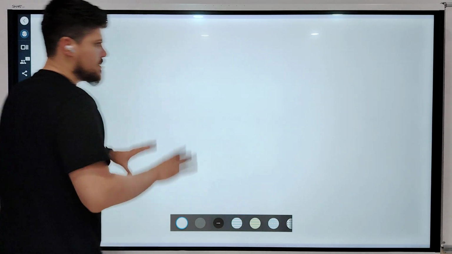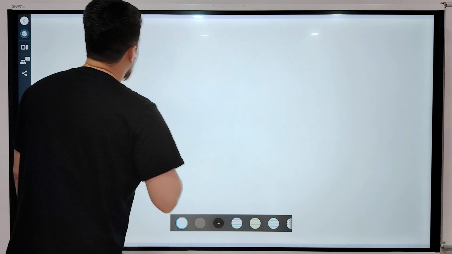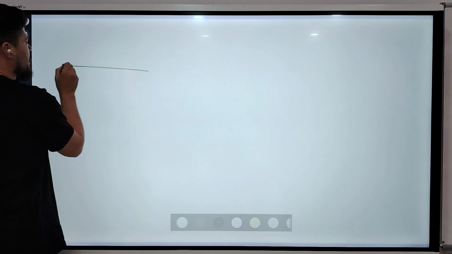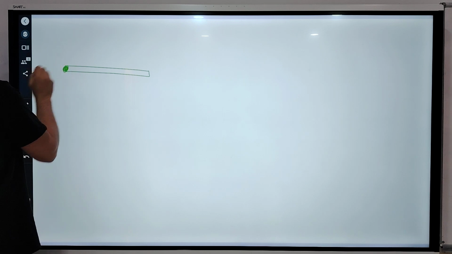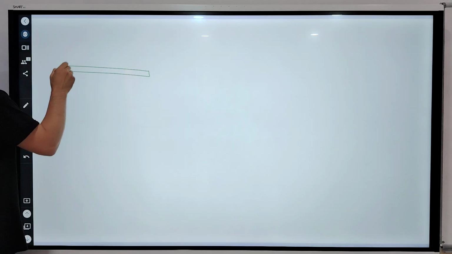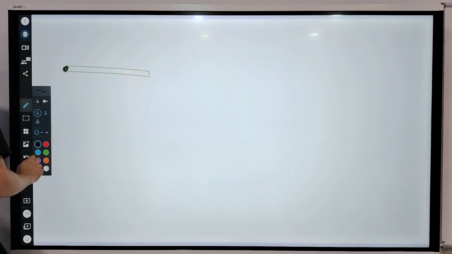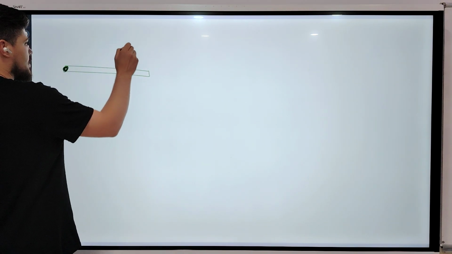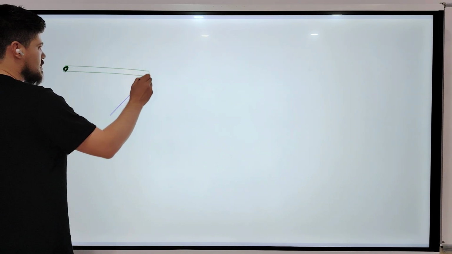Okay, now I'm going to show you some different types of the lever arm. For example, this is a thin rod. This is the axis of rotation. If the force is applied like that, this is the force.